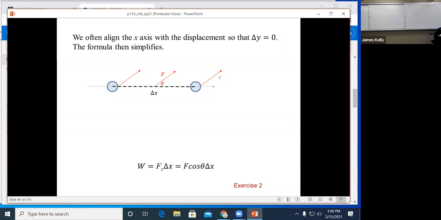So if you want to use that formula on the slide that's up now, you probably want to align your x-axis with the direction of the displacement that is shown for those 2 point whatever meters.